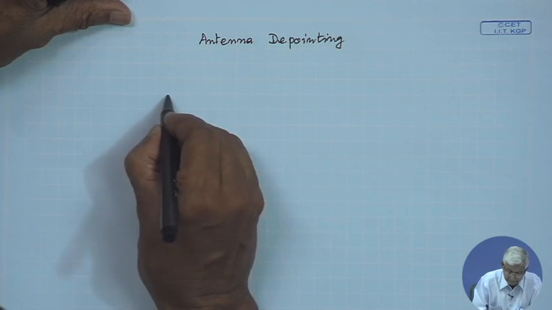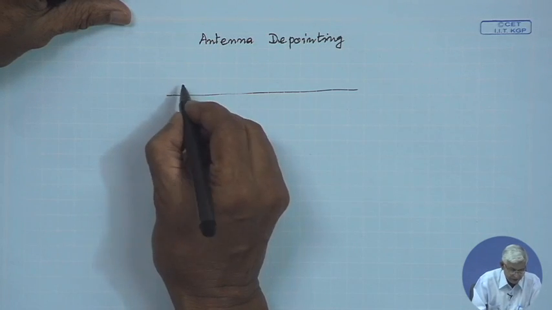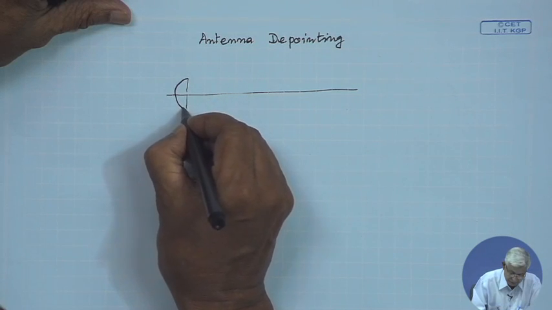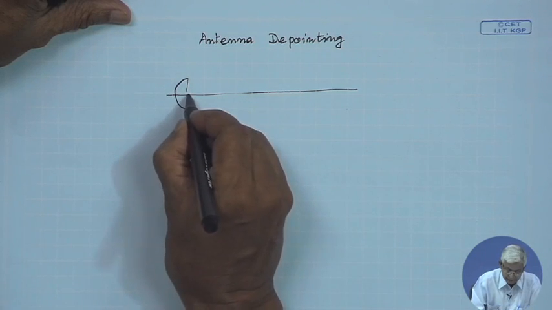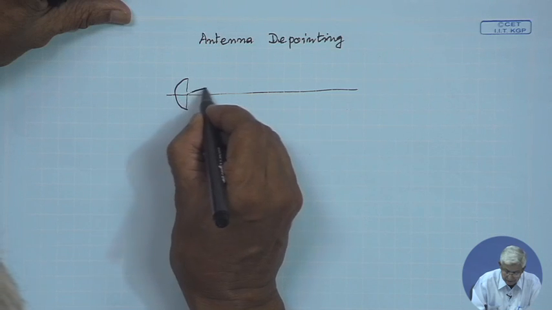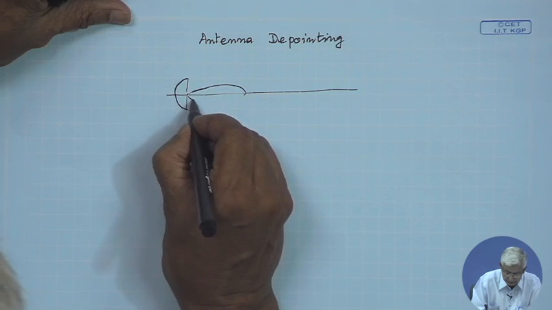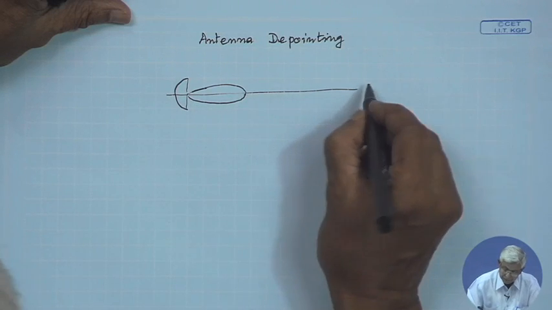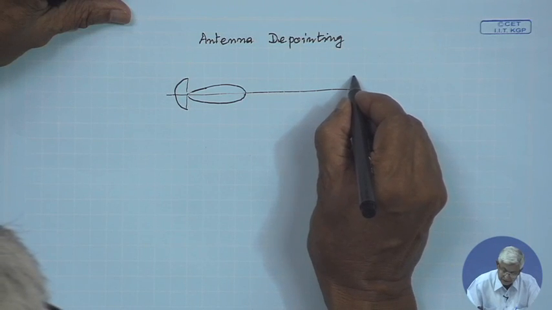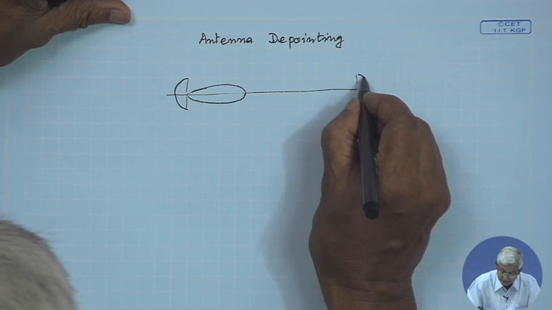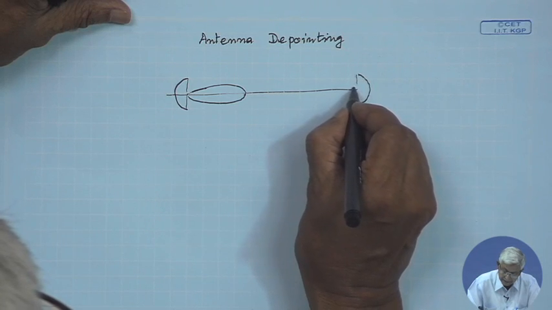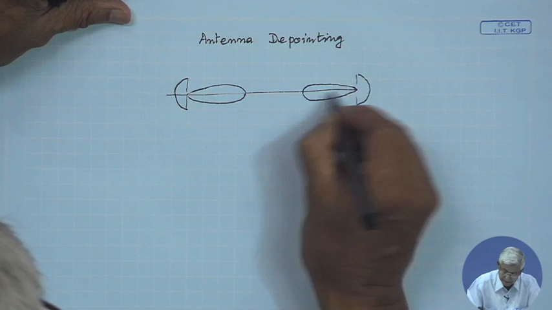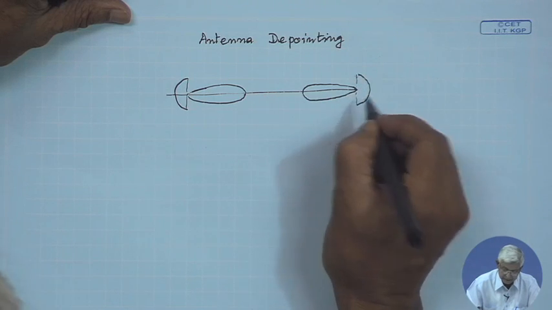Let us see pictorially, if you try to draw, this is the line, this is the transmit antenna. So, its beam is like this, and in this line of sight operation, the receive antenna is there, and its beam is supposed to be like this. The beam width will depend on the aperture size of the antenna.